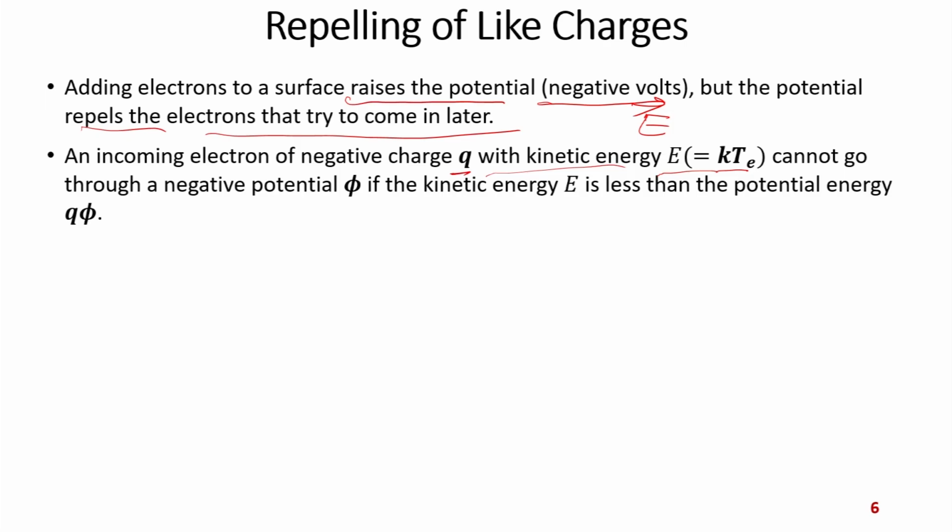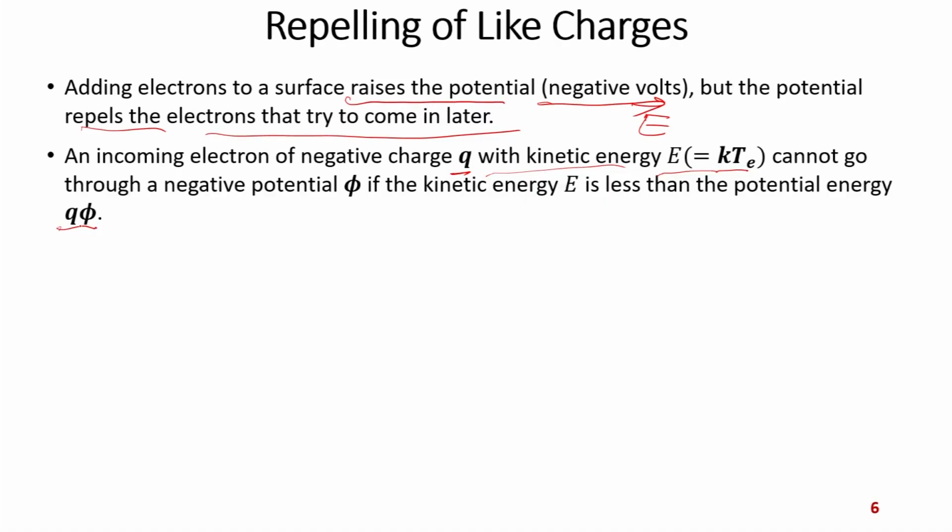So what I am telling here is that if the incoming electron wants to get accumulated in spite of that potential energy q phi, then this kinetic energy has to be more than that potential energy, otherwise it will lose its energy.